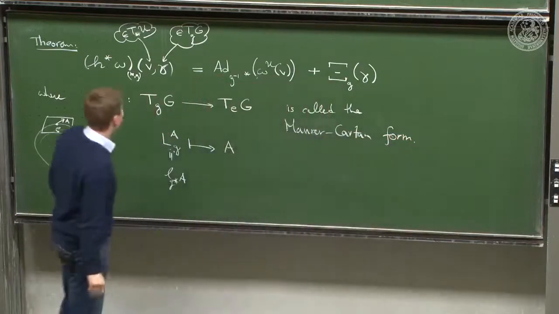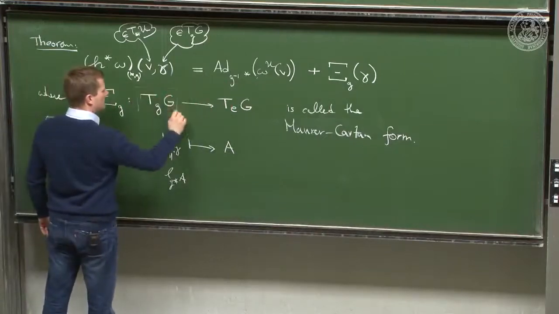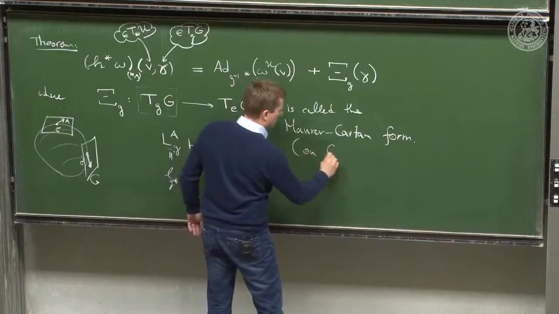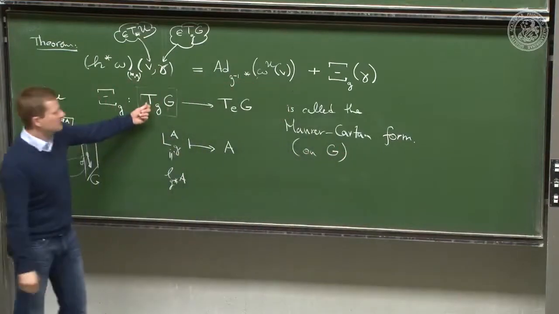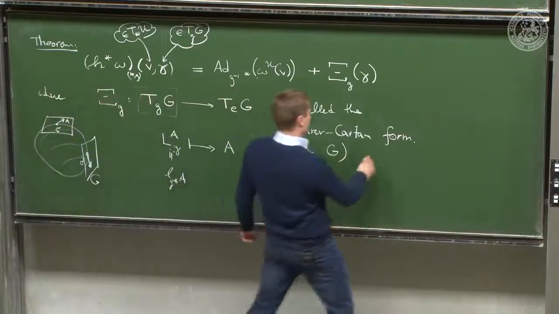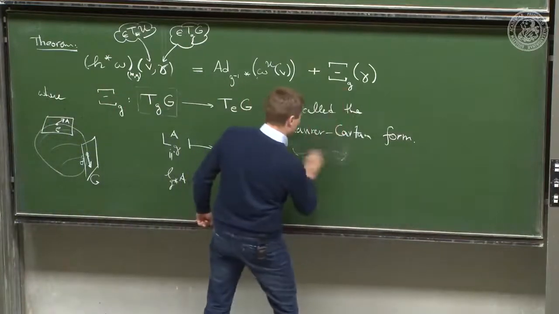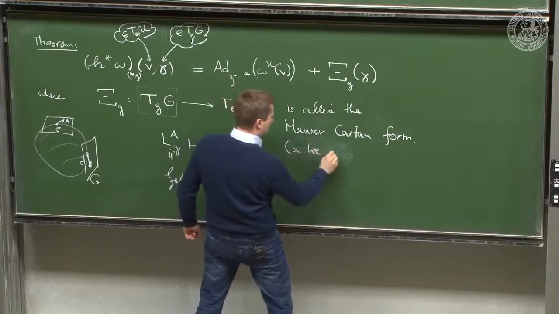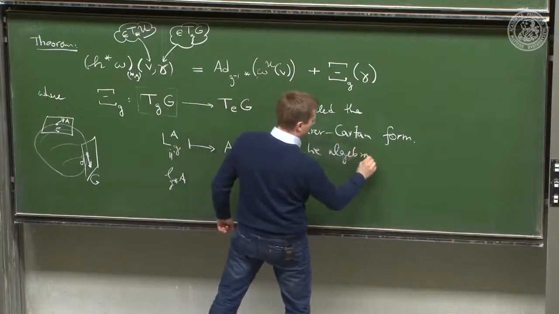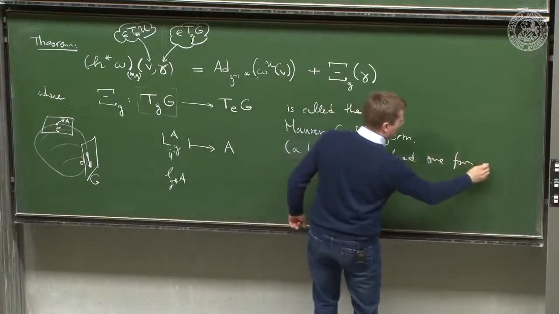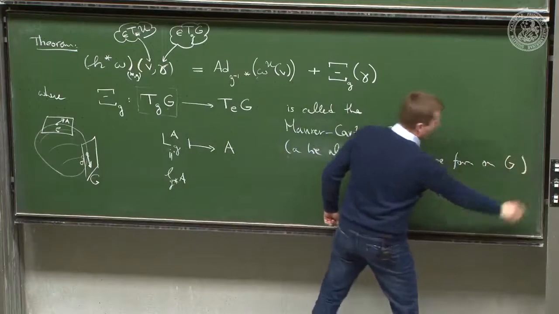Because it is a form on the Lie group, because it eats a vector and it yields a Lie algebra valued 1 form, but now on the group.